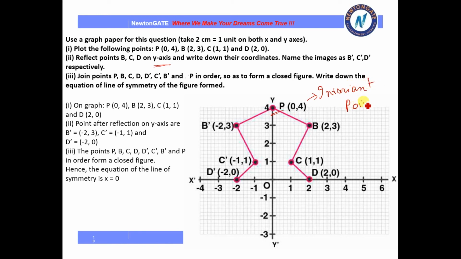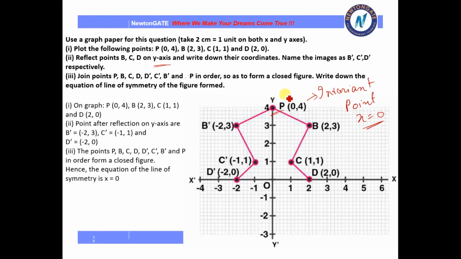With respect to the line x is equal to 0, this is important, P is the invariant point. So after reflection, we get the points. Now join the points P, B, C, D, D dash, C dash, B dash and P in order so as to form a closed figure. Write down the line of symmetry.